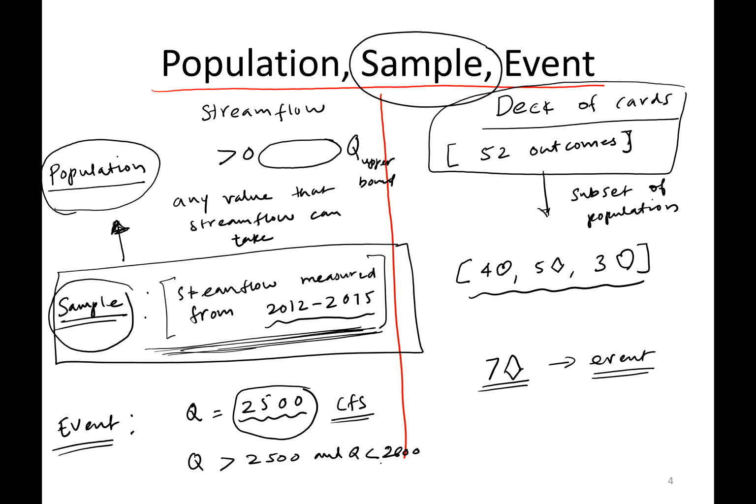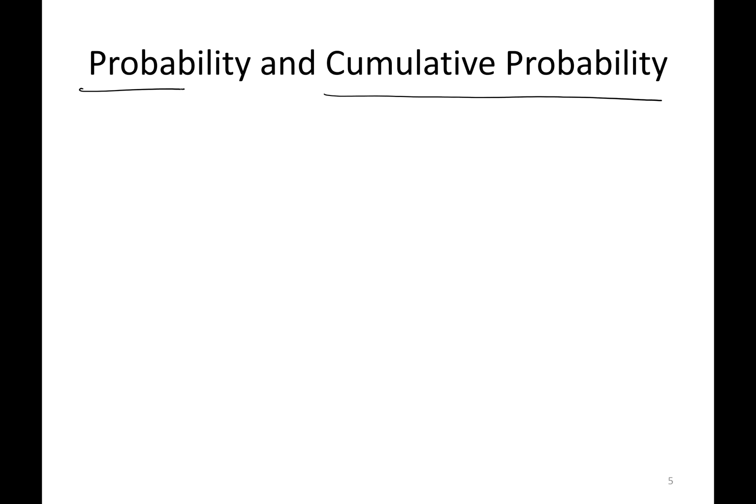So, probability and cumulative probability. Some of you may have heard of cumulative probability and some of you may not have, but I'm sure if you have taken a probability or statistics class, you have heard of probability. We always use this X random variable. In terms of a deck of cards, you say the probability that X is equal to 4 of diamond is 1 over 52, right?